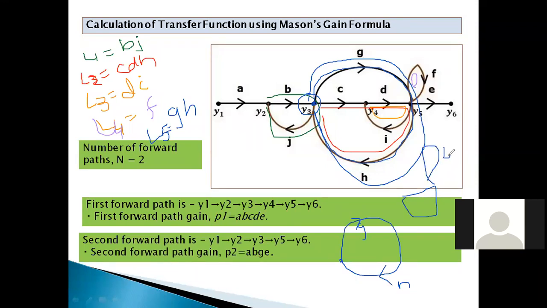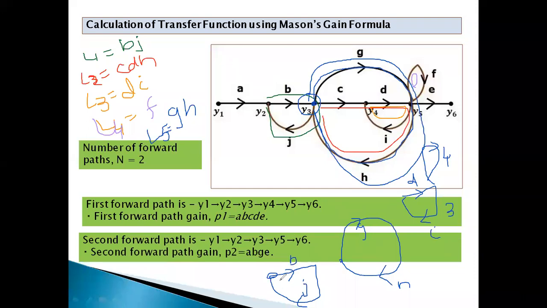So loop 4 is only individual loop. Loop 3 is signal is D and flowing in this direction. Again reaches to same thing. Okay, if we draw these individual loops, we can understand easily. So first loop with a gain of B, again feedback signal J reaches to same junction.